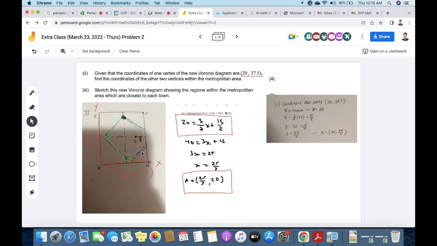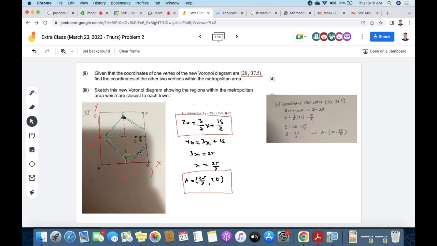Question: is this given or do we need to solve for it first? Yes, because what we know right now is only the bisector of IF and the bisector of IE, correct? So we don't know the bisector of IG or IH.